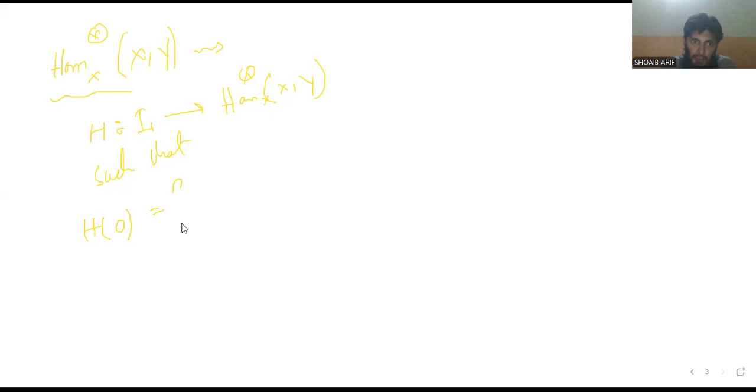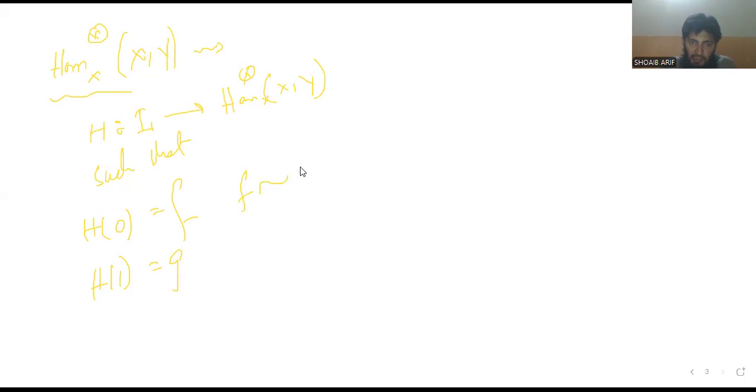This definition of the Hom tensor (x, y) graph should be equivalent to the following definition. There is a graph map from I1 to Hom tensor (x, y) such that if we substitute 0, we get f, and if we substitute 1, we get g.